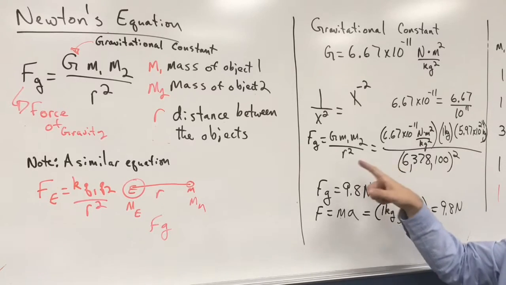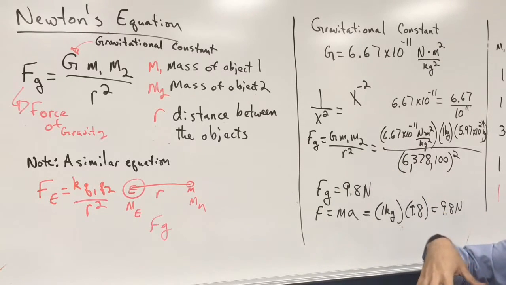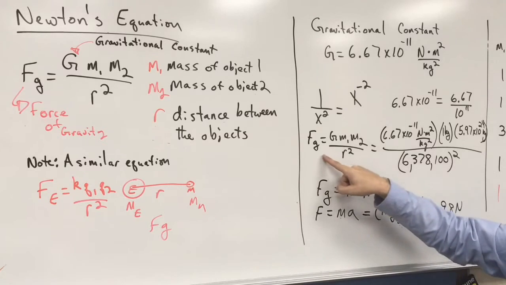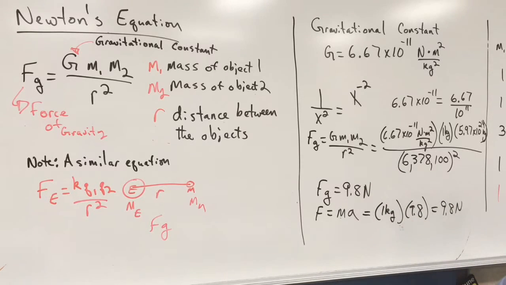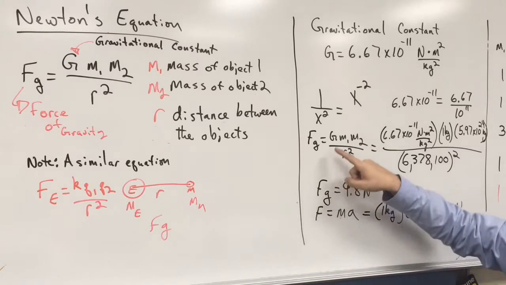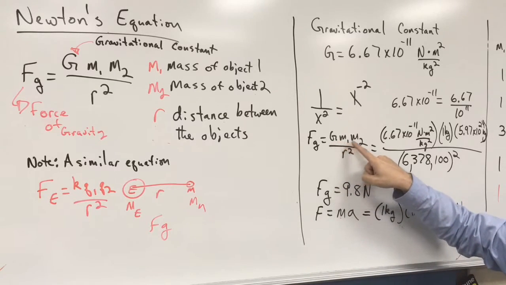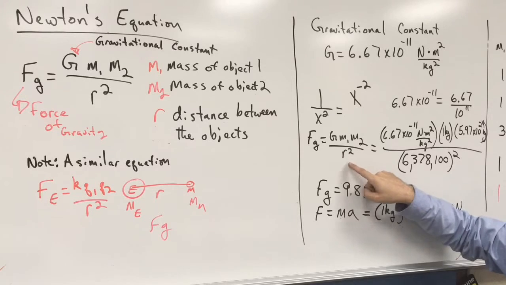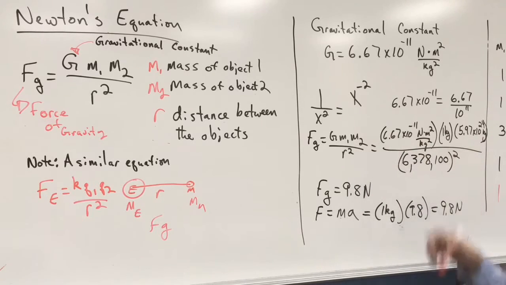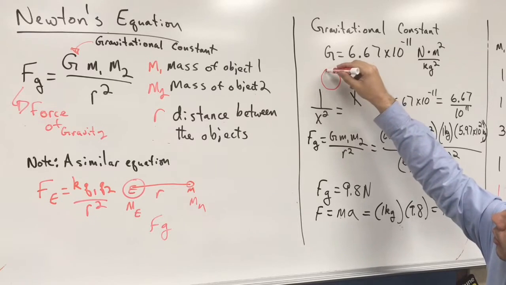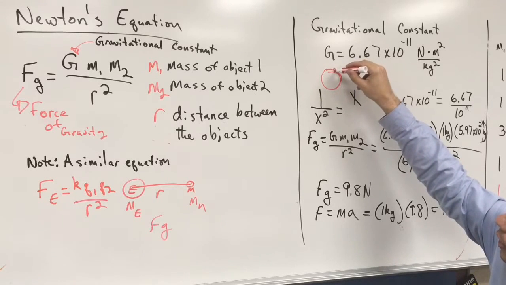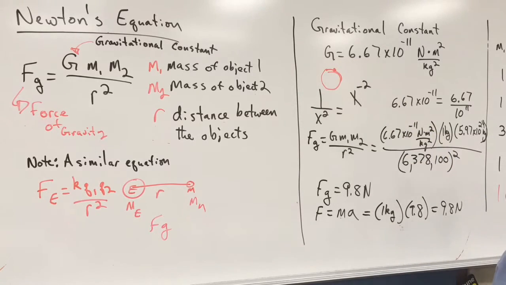Because this is a conceptual physics class, we are not going to actually do this calculation, but I thought I would show you the calculation just so you would appreciate what's going on. So G times m1 times m2 divided by r squared. I've taken a 1 kilogram bowling ball and placed it on the surface of the Earth.